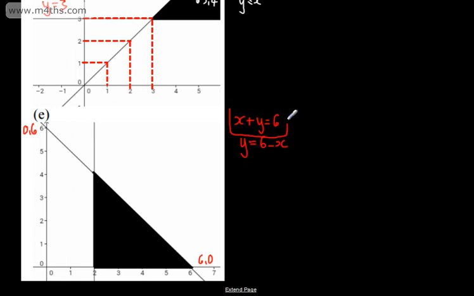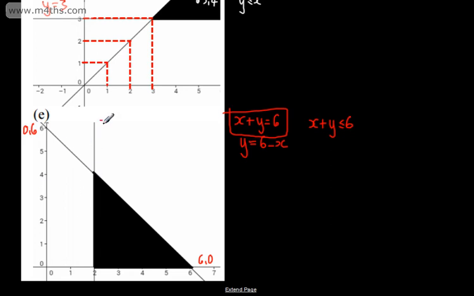I prefer to write it like that, but you can write it in the form y is equal to mx plus c. You just need to change it around. Now we can see that it's shaded below that. So straight off, I'm going to say that x plus y is going to be equal to or less than 6. That would be all of this.